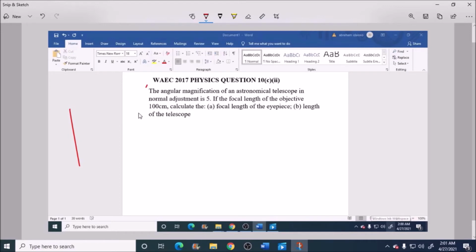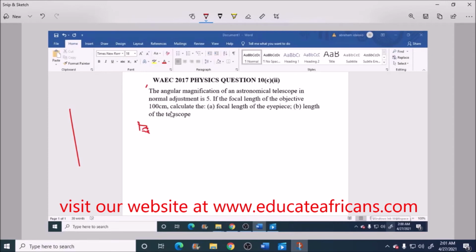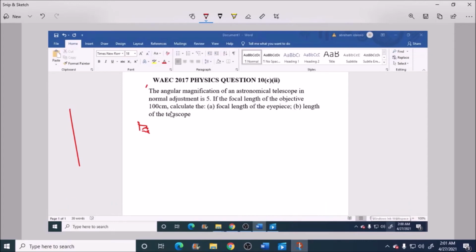Solving for A, magnification is equal to focal length of the objective lens over the focal length of the eyepiece, and magnification is given to be 5, and then we have focal length of the eyepiece to be 100 over Fe.